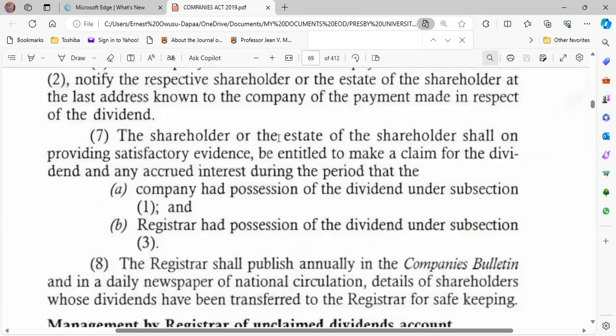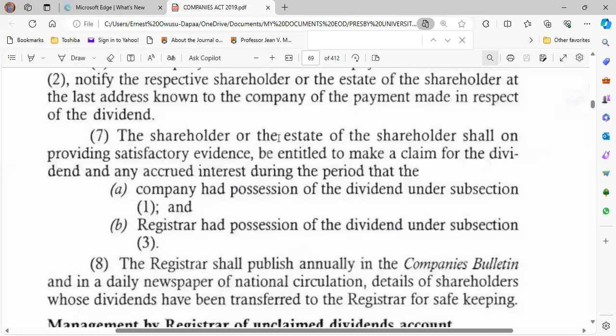Subsection 7, the shareholder or estate of the shareholder shall, on providing satisfactory evidence, be entitled to make a claim for dividend and any accrued interest during the period that A, the company had possession of the dividend under subsection 1, and B, the registrar had possession of the dividend under subsection 3.